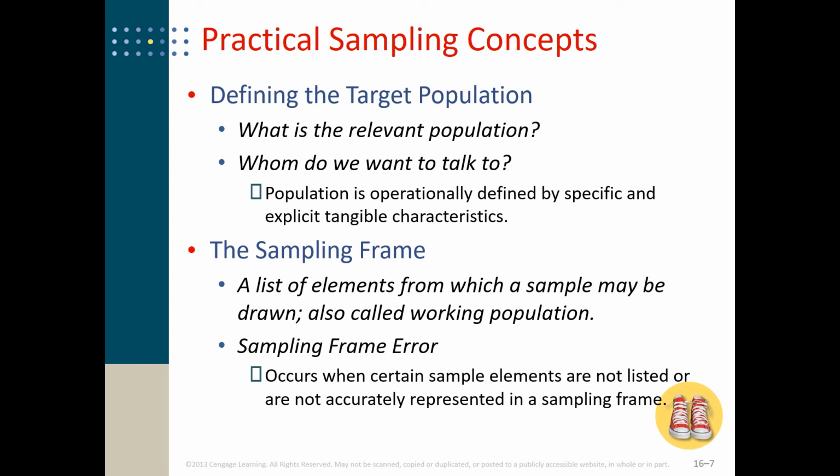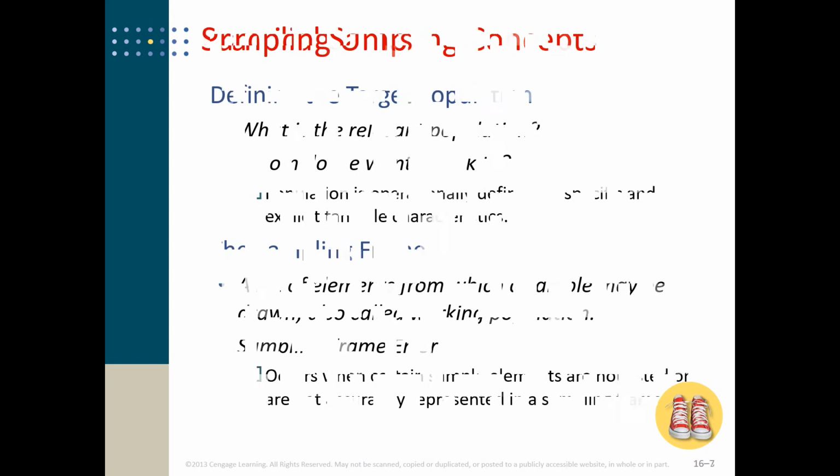For example, if you take a student email directory as a sampling frame, you exclude those students who do not have an active email or those who do not use university emails. If you use a telephone directory, you automatically exclude the people with hearing impairments. If you take car registration, you exclude people who do not have a car. So that's a sampling frame error, that you are excluding some elements.